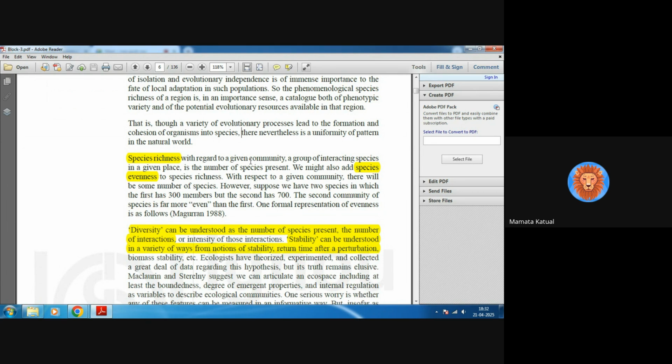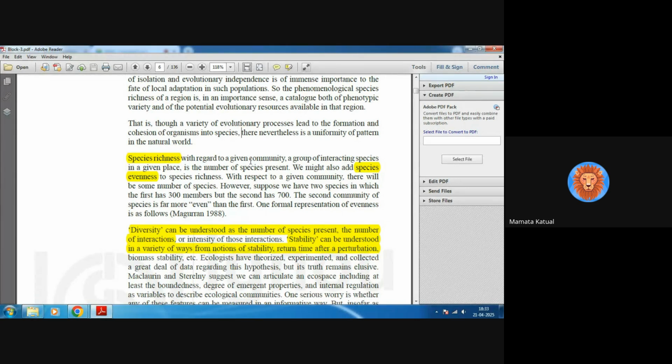So, in a specific habitat or in a specific ecosystem, you'll find the non-living material or the abiotic component, and the biotic components are all the living organisms. All the organisms which are present in a specific habitat or specific ecosystem are known as a community.